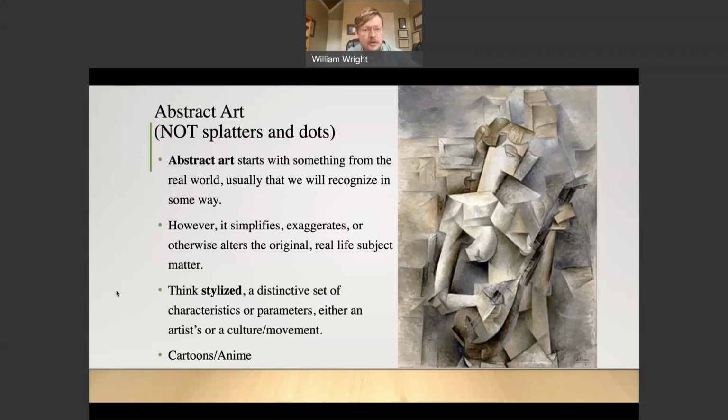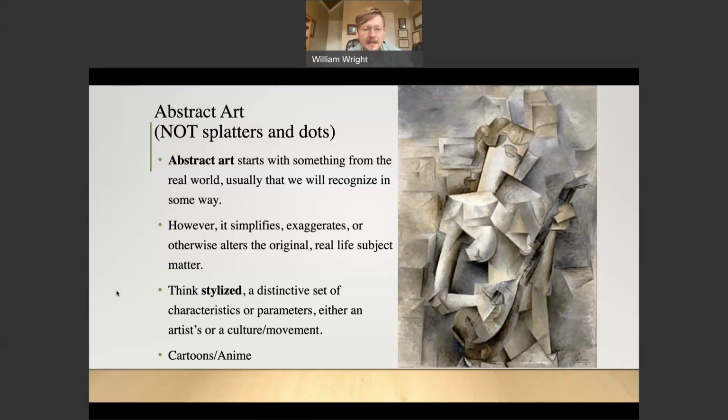Abstract art is actually something that we know from the real world. The artist is inspired by something from the real world, and we usually recognize it. We can see the connection that the artist made to the real life thing. So while they're looking at real life, unlike representational, they are simplifying, exaggerating, or altering the artwork in some way to make it original, to change the perspective, to change the way that it's viewed.